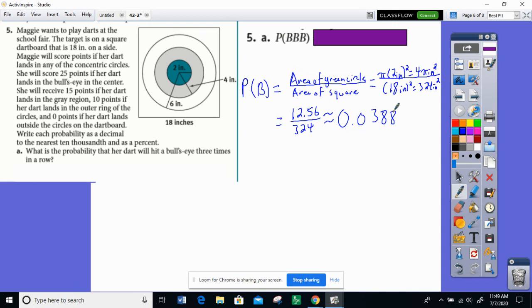Now, if that's the probability that she gets a bullseye, well, now we need to get the probability of 3 bullseyes.